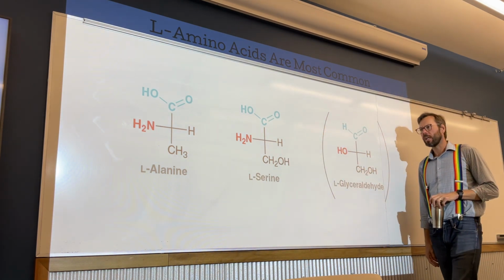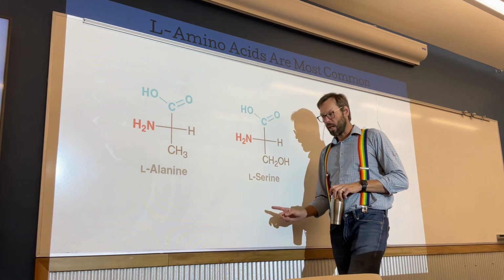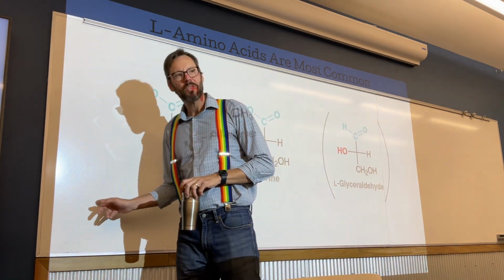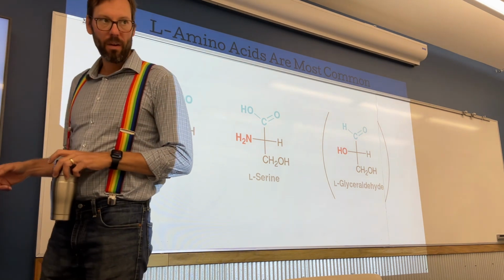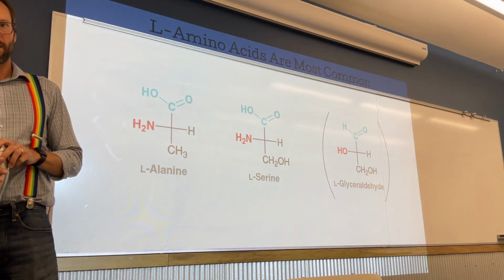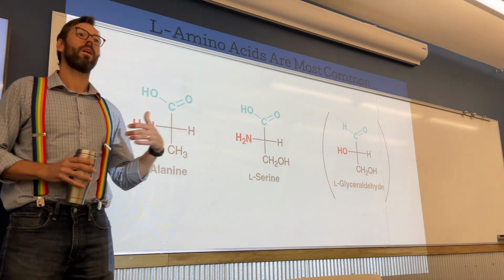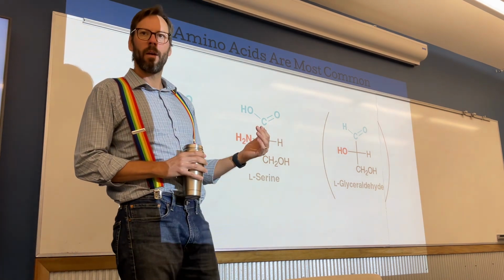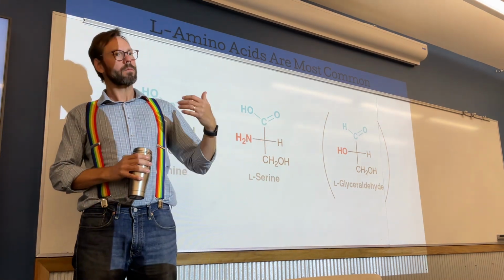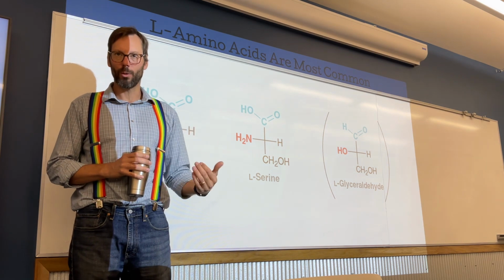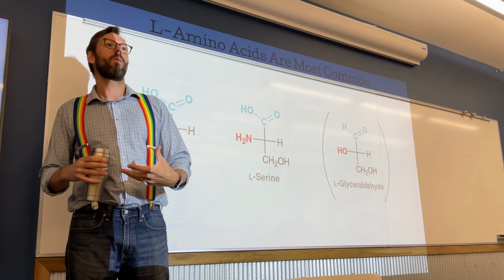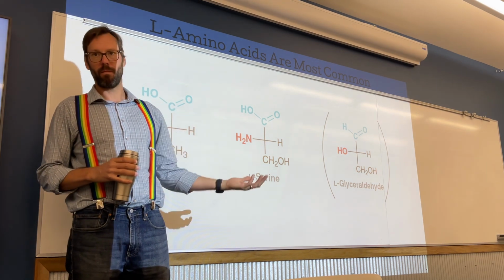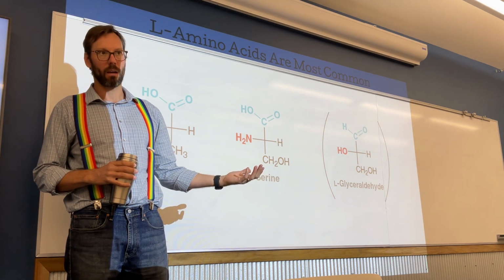Okay. It has been shown that, believe it or not, a lot of meteorites have an abundance of L amino acids on them. And so one hypothesis is that the biomolecules on this planet were seeded from meteorites coming down.